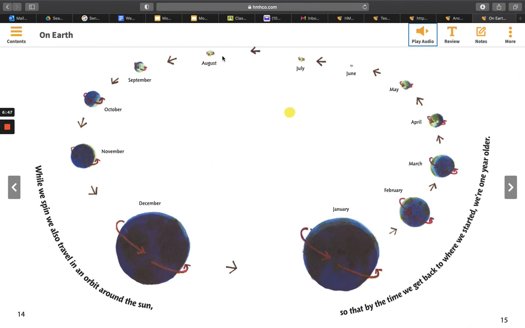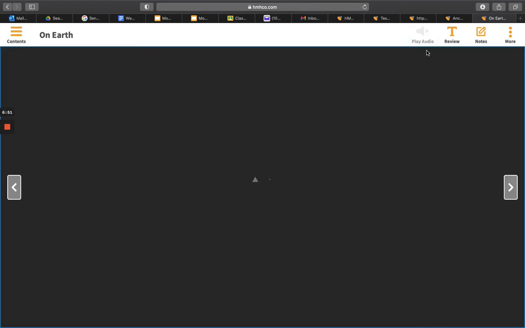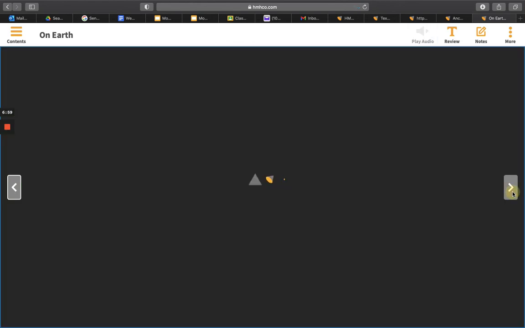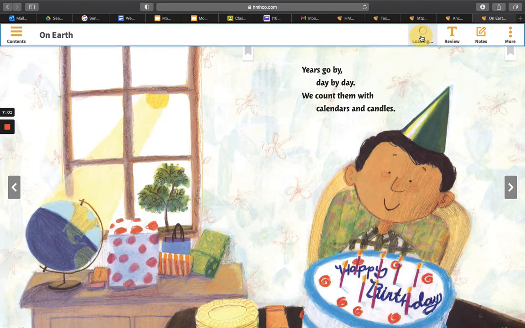Now look, you would be back at August. We count months as we grow. In 12 months, a year has gone by. Years go by, day by day. We count them with calendars and candles.